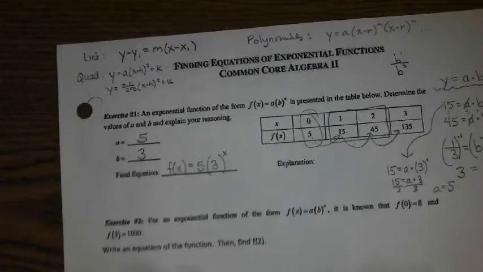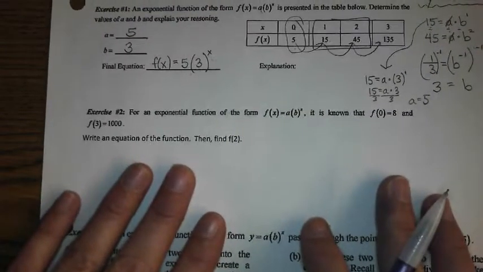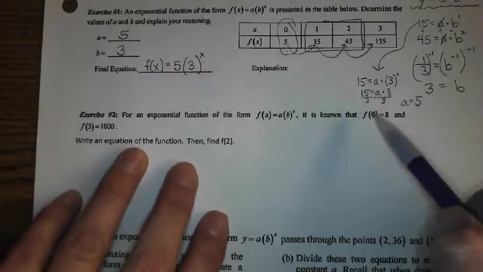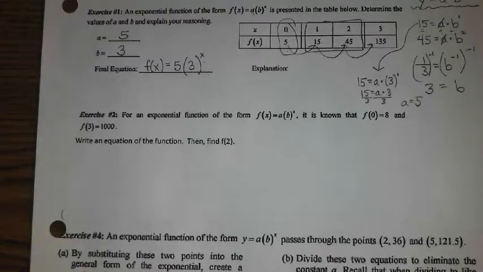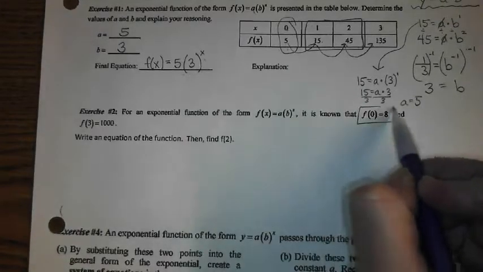All right, go back to exercise 2. They're giving us 2 points here, so let's use shortcuts if we can. What value, A or B, do you already know and why? Maggie. A is what? What number? 8. Because they're giving you the y-intercept.